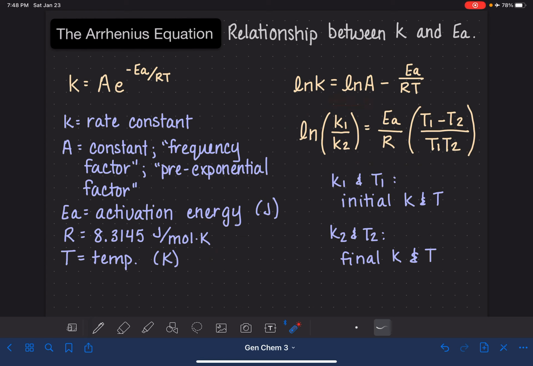I'm not going to go through the derivation because I know most people don't want to see it, but I'm sure that you could find the derivation going from this one to this version in your textbook. In this type of equation, normally you're given 3 of these 4 variables, like 2 rate constants and 1 temperature, or 1 rate constant and 2 temperatures, and you're just asked to solve for the unknown variable.